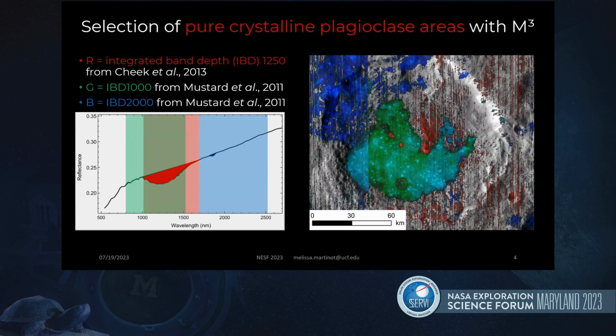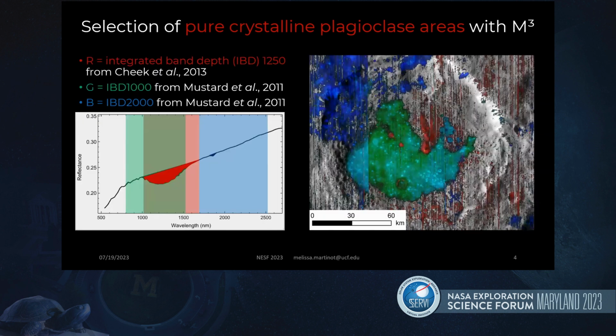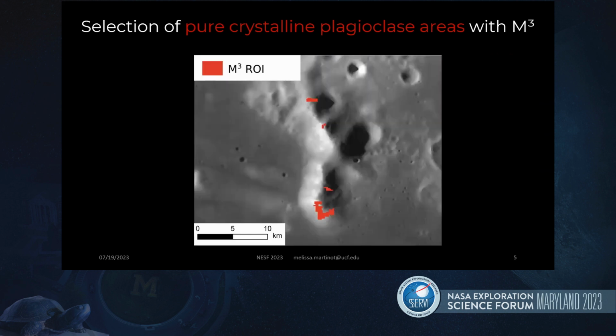After doing this, we manually check for the presence of that type of spectrum, and we map them out when they are present. This is just a close-up of the previous image. This is Aitken crater, and the red polygons here are the location of those pure crystalline plagioclase spectra.